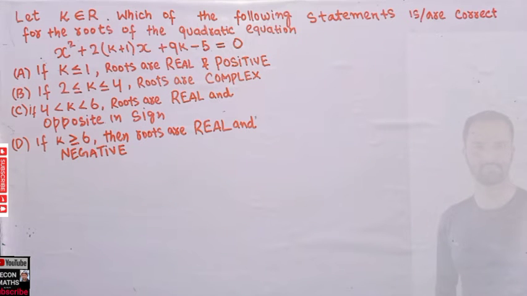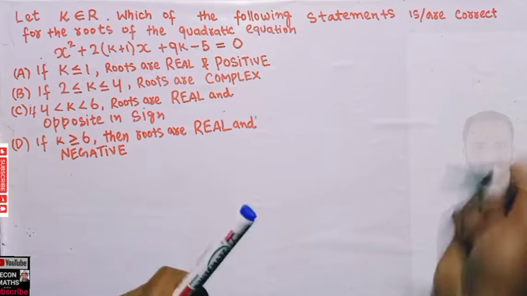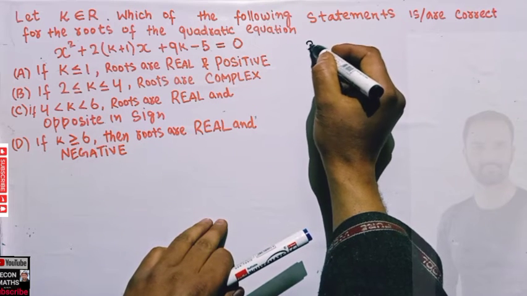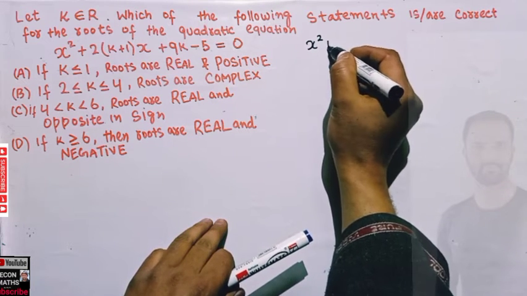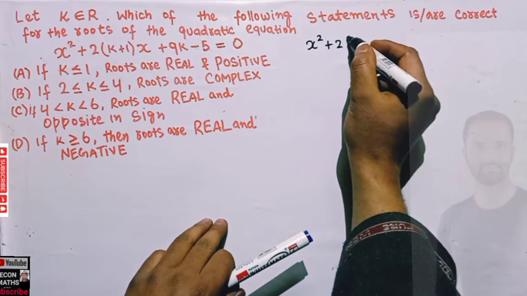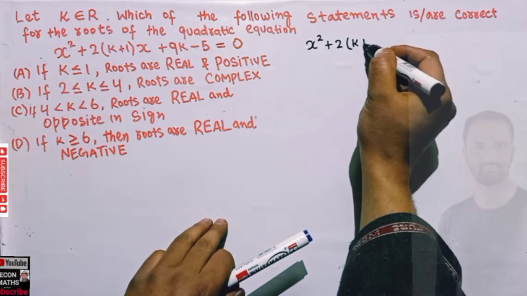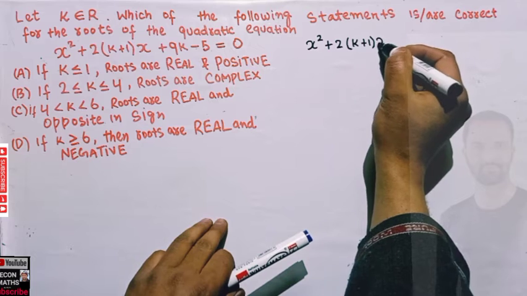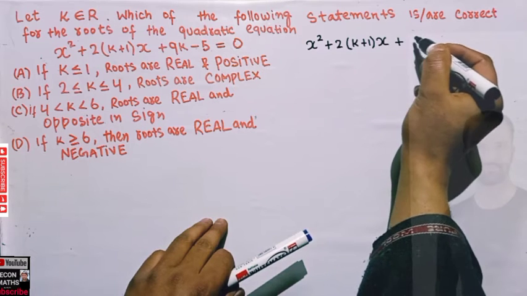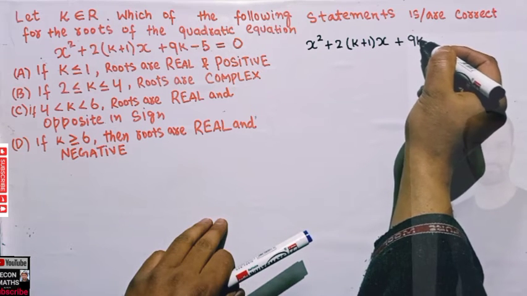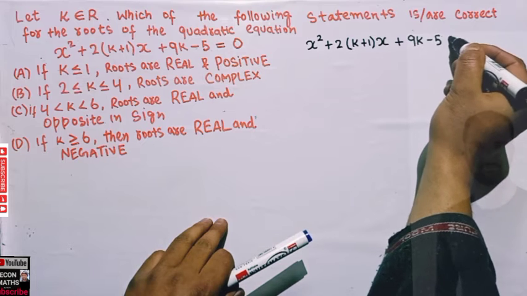So we are being given a quadratic equation. Let me write it here. So we have x square plus (2k plus 1)x plus 9k minus 5 is equal to 0.